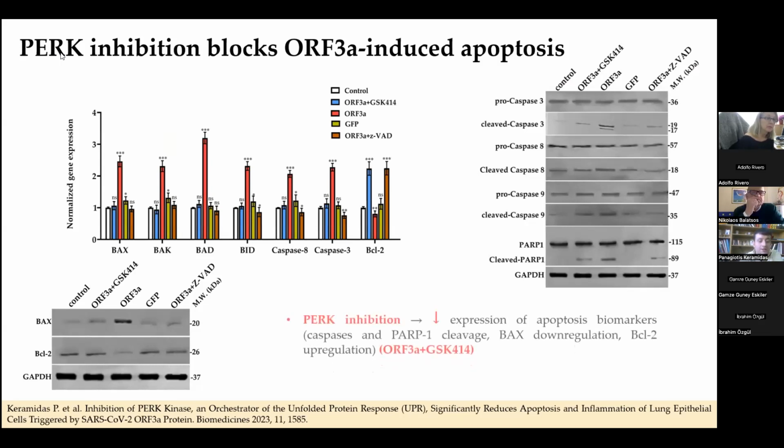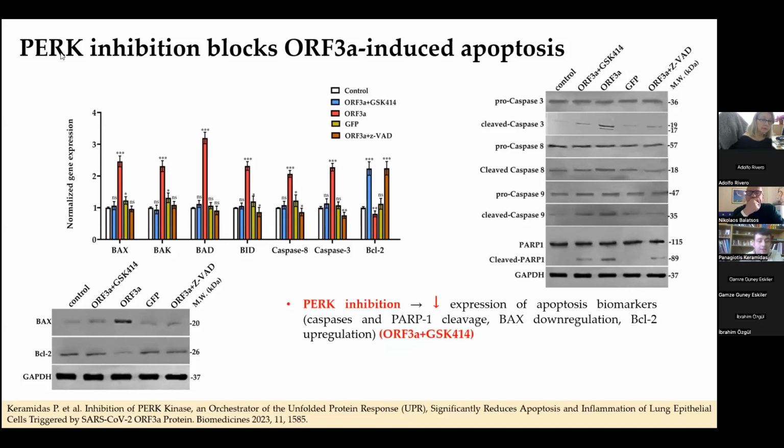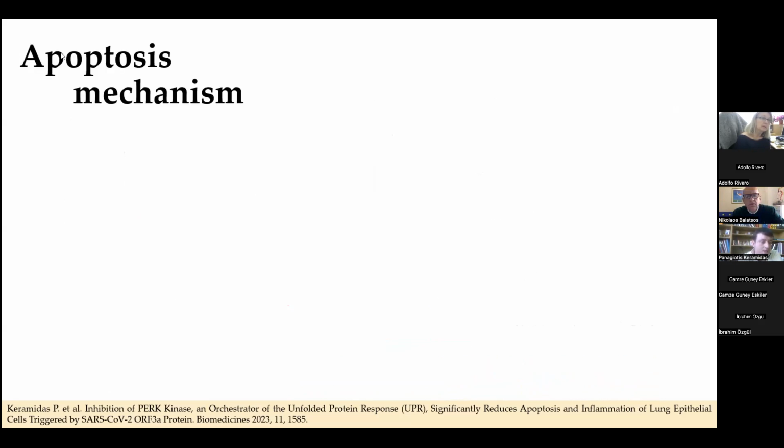In order to further validate the results of the GSK experiments, we also used a pan-caspase inhibitor, which is known to inhibit apoptosis by inhibiting caspases. So we used ZVAD at a concentration of 50 micromolar. And indeed, we saw that treatment with ZVAD can also favor cell survival.